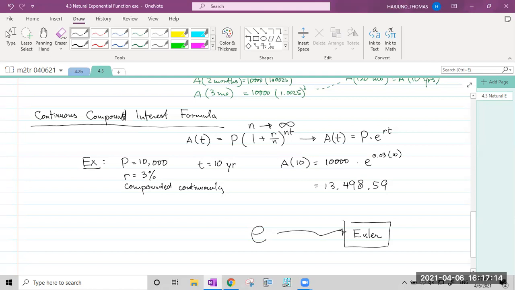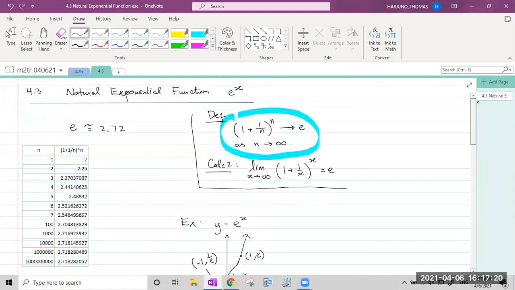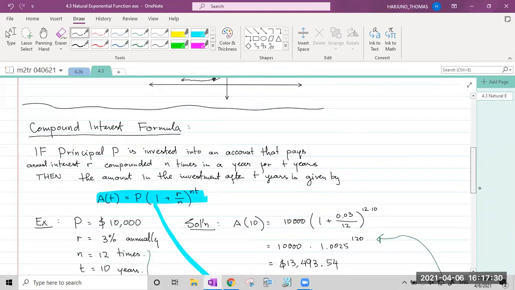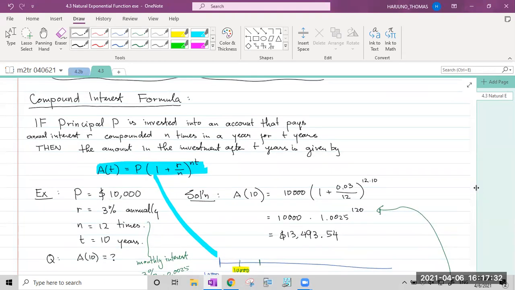Okay, now what do you need to really remember from this class, from this 4.3? The only thing you need to remember is what this E stands for, approximately 2.72. That's all you need to remember. And everything else, you basically just use calculator. Will I ever ask you the compound interest questions? No, maybe in your quiz, but in your quiz, you have time to look at the book, look at the notes, right?